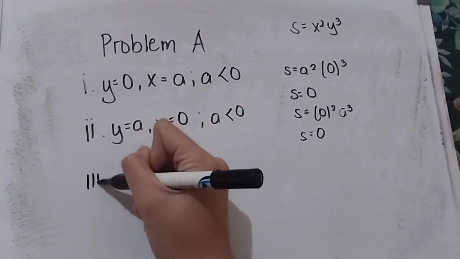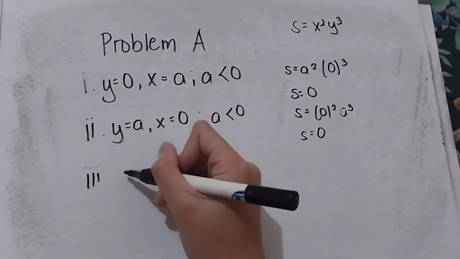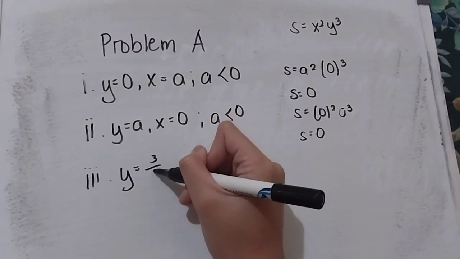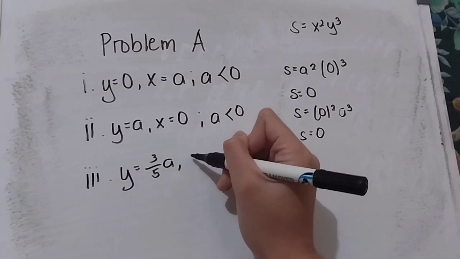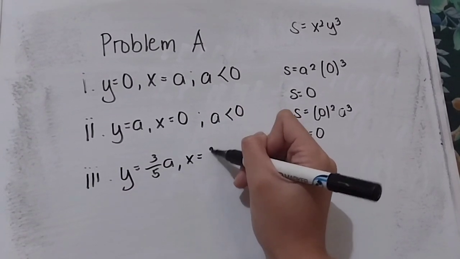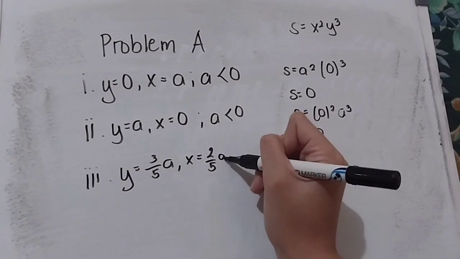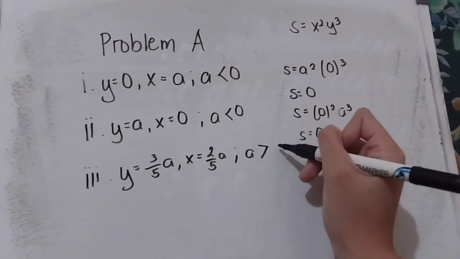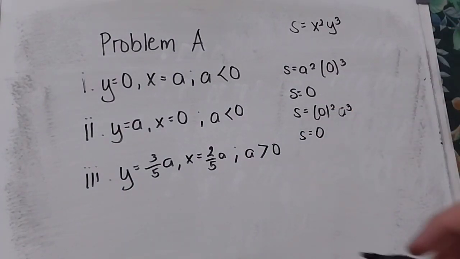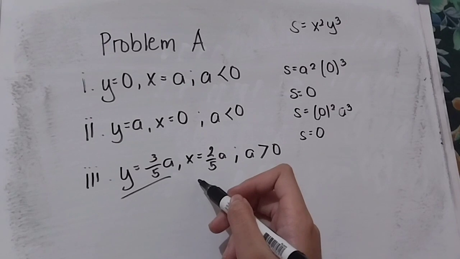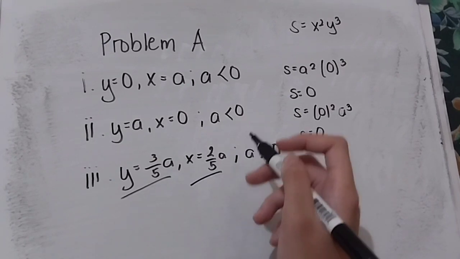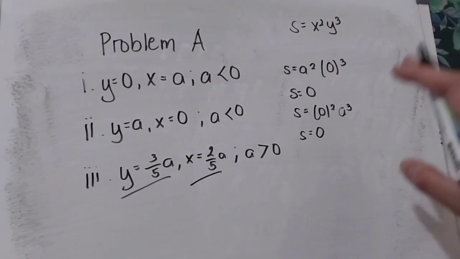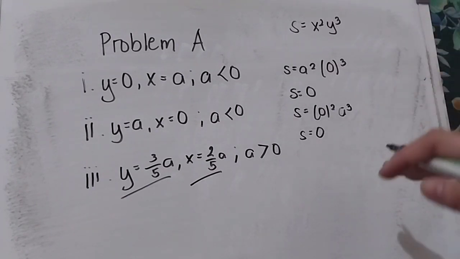Now let's try for the third time. y is equal to 3 over 5 a. x is equal to 2 over 5 a. Maximum if a is greater than 0. These two given are from our answers in the quadratic formula, the quadratic solution that we have used.